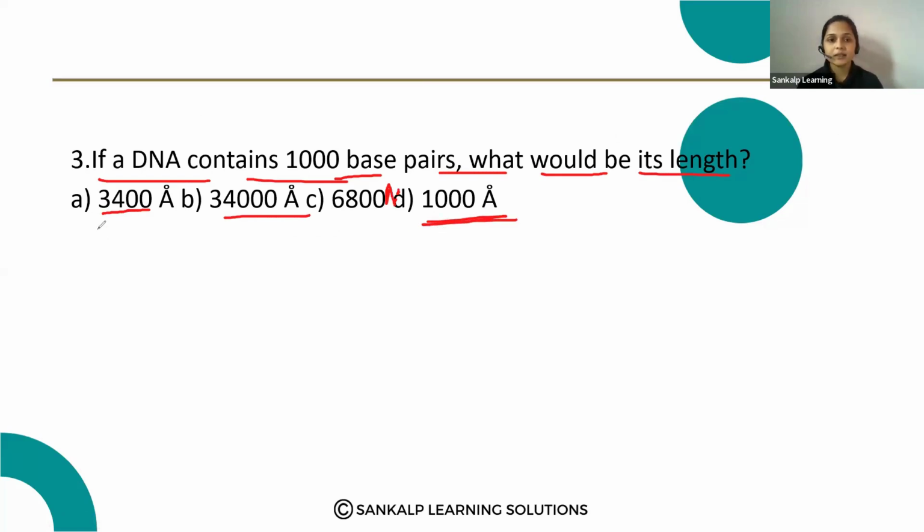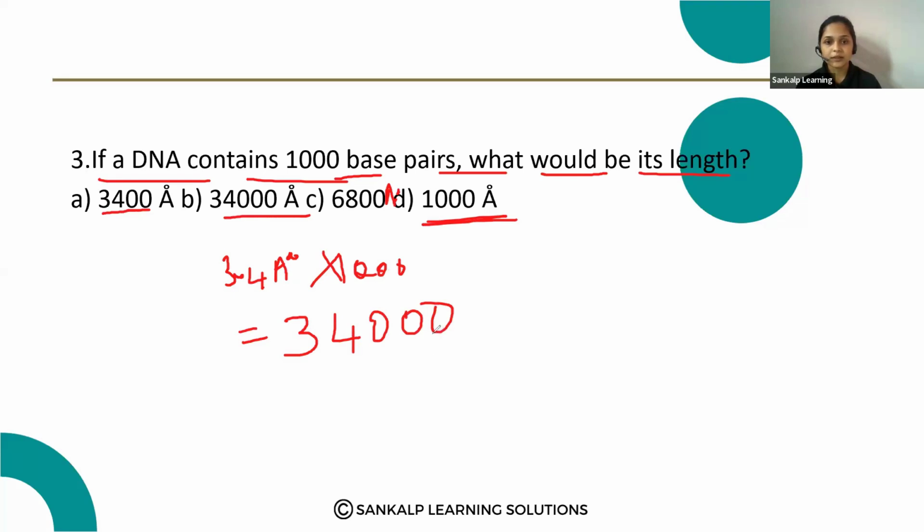You know that one base pair is equal to 3.4 angstrom. So for 1000 base pairs, that is 3400 angstrom.